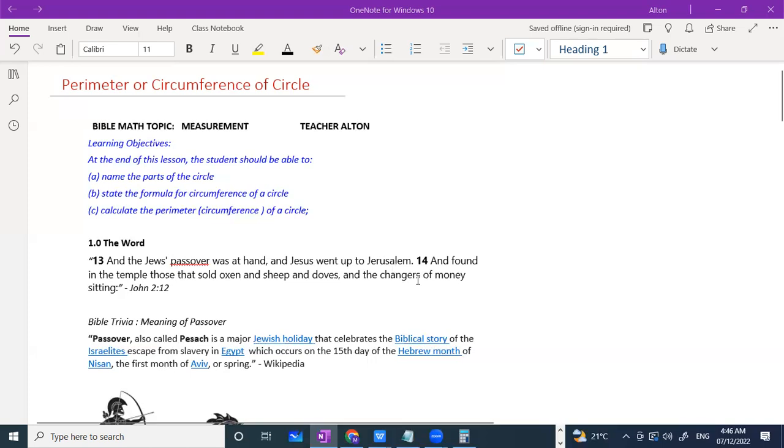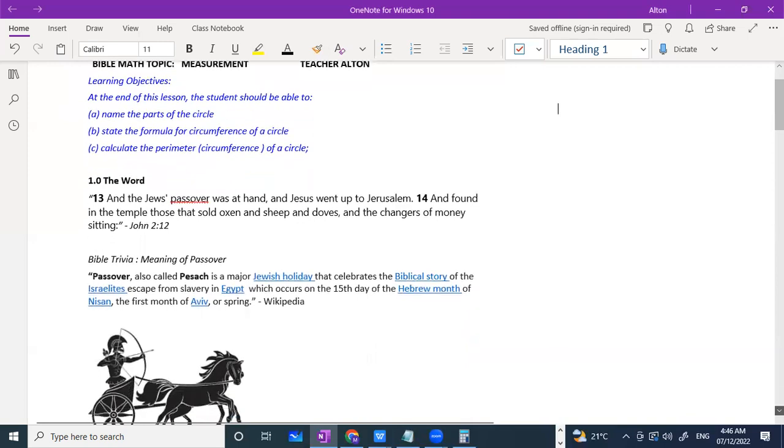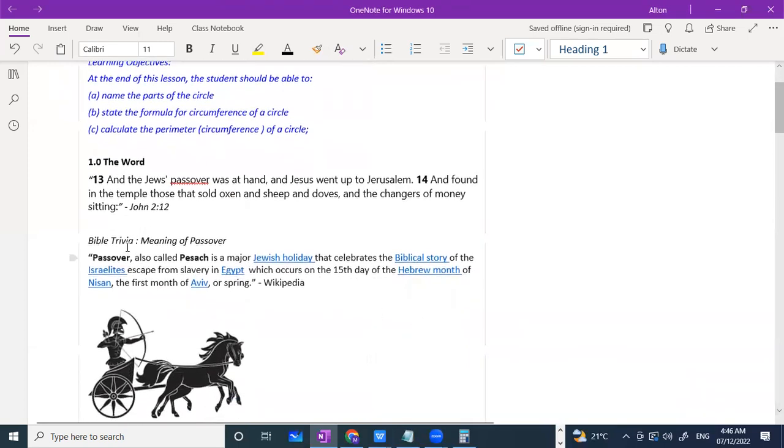Just to remind you, the Jews' Passover, and I got it from Wikipedia, is also called Pesach, is a major Jewish holiday. So it was a Jewish holiday that celebrates the biblical story of the Israelites' escape from slavery in Egypt.